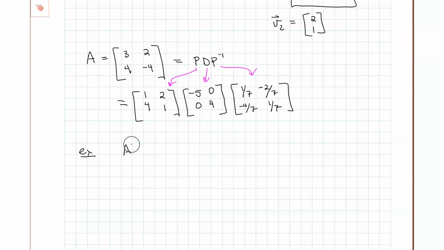Right? So A to the 100th is equal to P times [-5 to the 100th, 0; 0, 4 to the 100th] times P inverse. And so instead of 99 matrix multiplications, I only need to do 2, which is a really big savings in terms of computational time. Okay, so that's diagonalization.